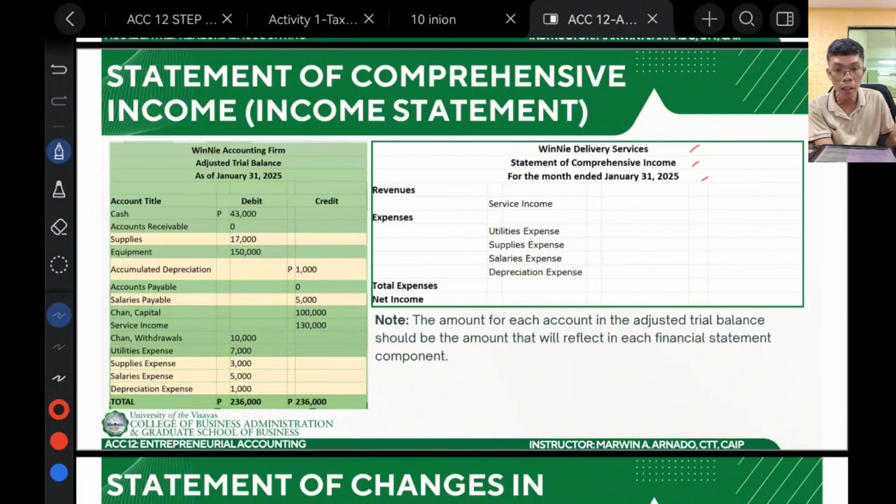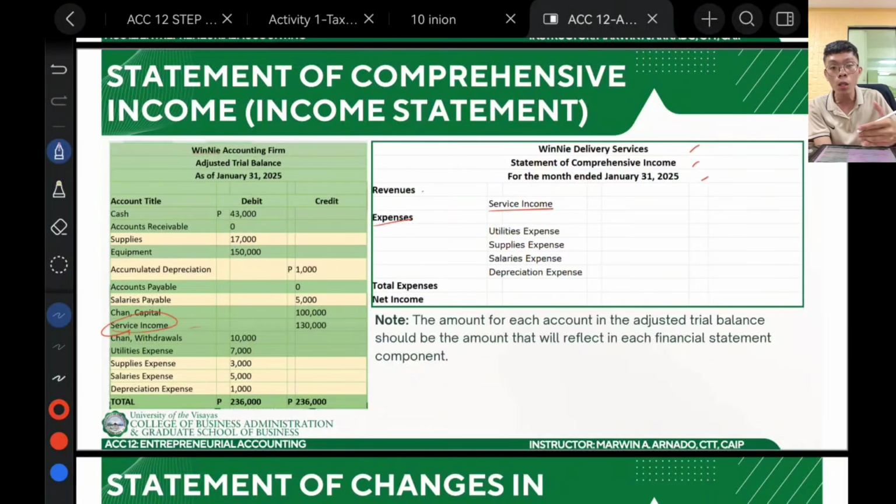Since we're just preparing for the month of January, in your income statement you will see first the revenues. We have here service income, so our revenue is service income. Next, we prepare expenses.